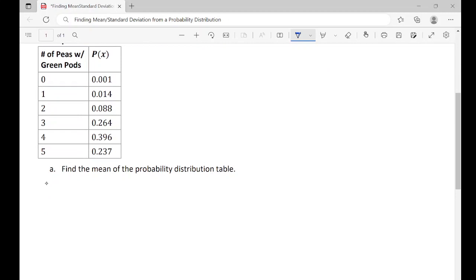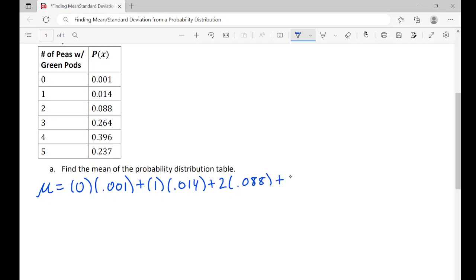So we're going to do our mean equals 0 times 0.001 plus 1 times 0.014 plus 2 times 0.088 plus 3, put those in parentheses, make sure they're all the same, times 0.264 plus 4 times 0.396, and I'm going to run out of room, so I'll put the last part down here, plus 5 times 0.237.